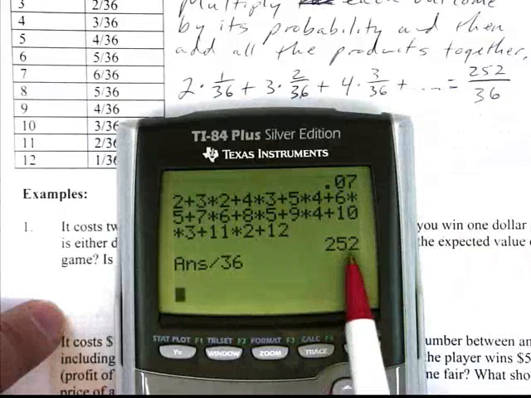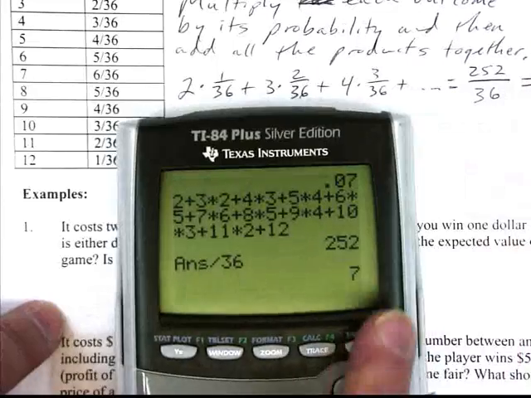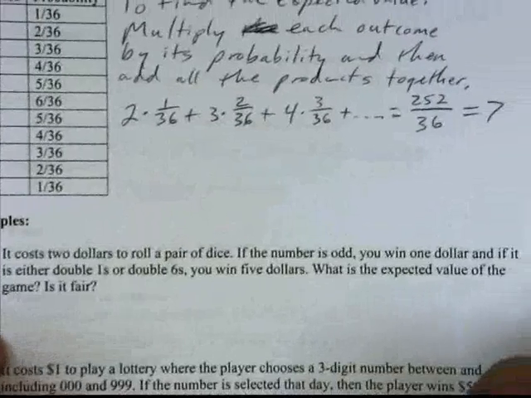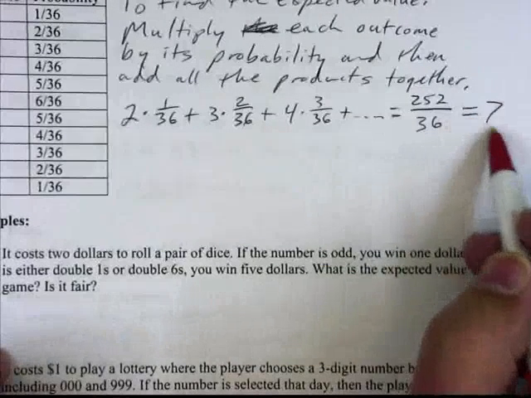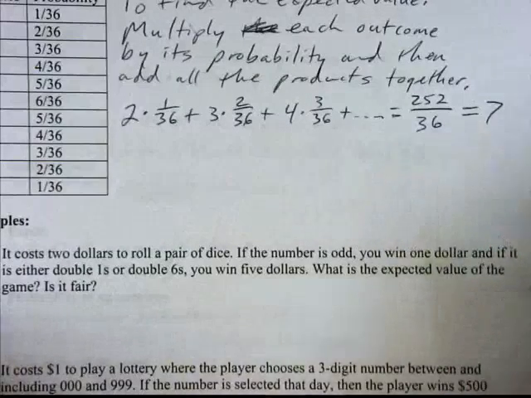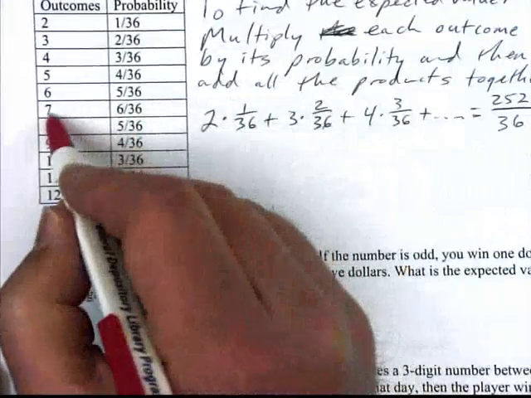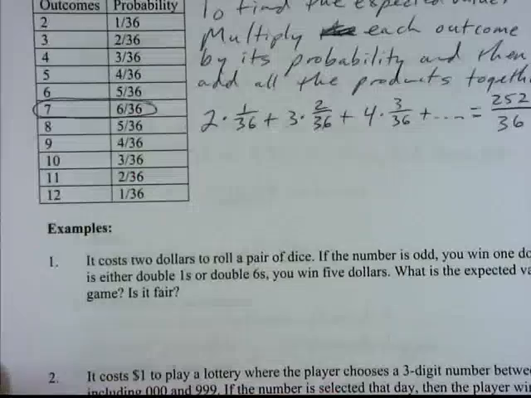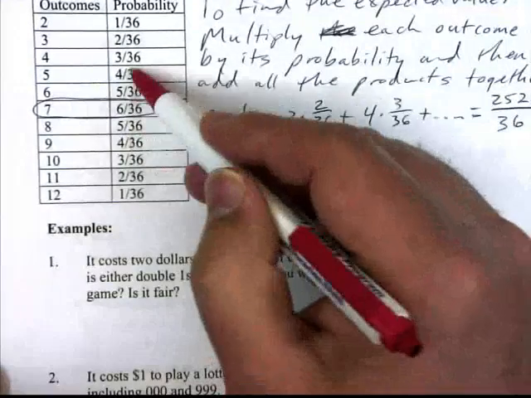And then I divide those, 252 divided by 36, and I get that my expected value of rolling two dice and looking at the sum is 7, which means on average, in the long run, my average value when I roll two dice is going to be 7, which makes pretty good sense, because if you look over here, 7 is the one that occurs with the most frequency, and everything else is symmetrical around 7.